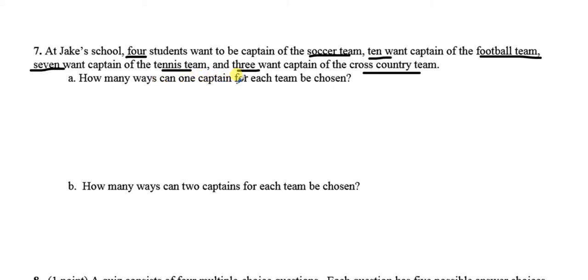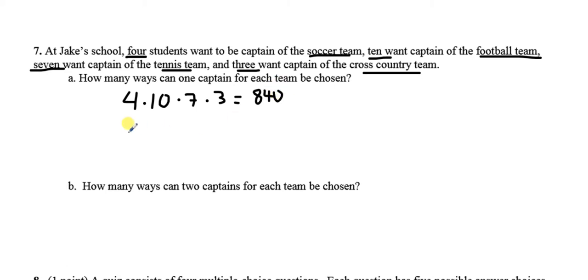So if we want to have 1 captain for each team, basically this is just the multiplication rule. We have 4 for the soccer team, 10 on the football team, 7 on the tennis team, times 3 on the cross-country team. And that equals 840.